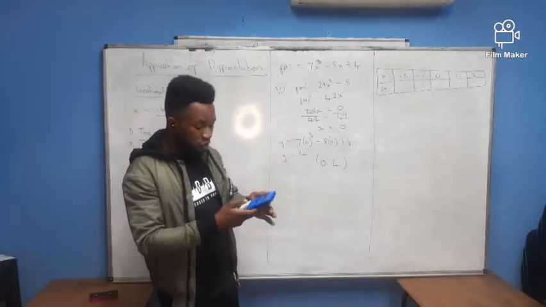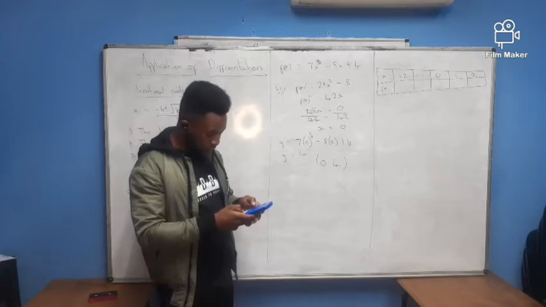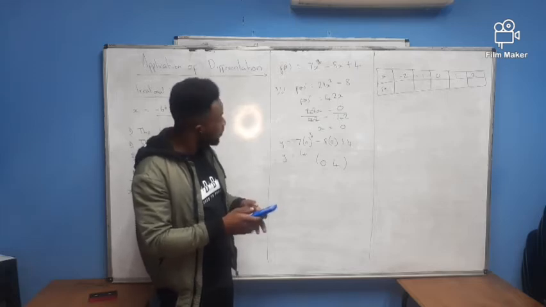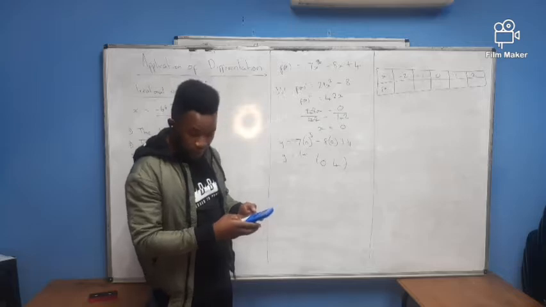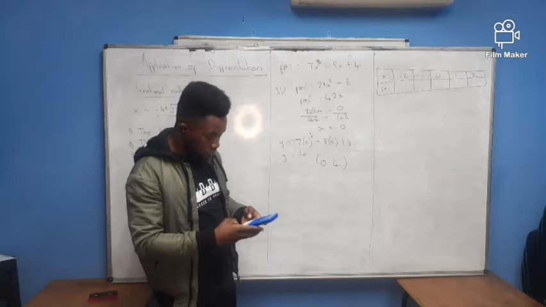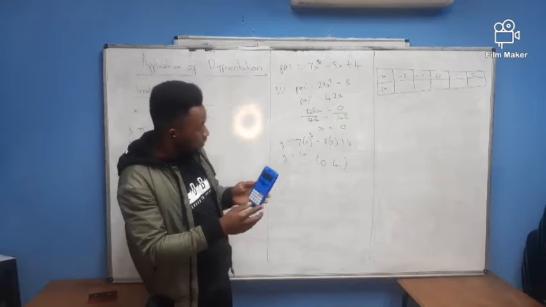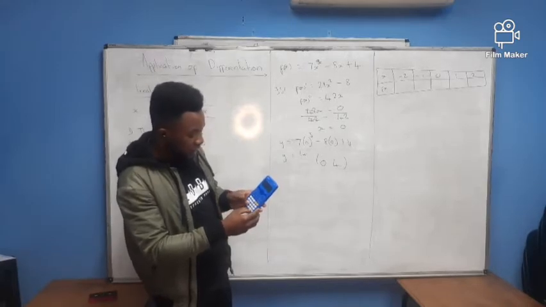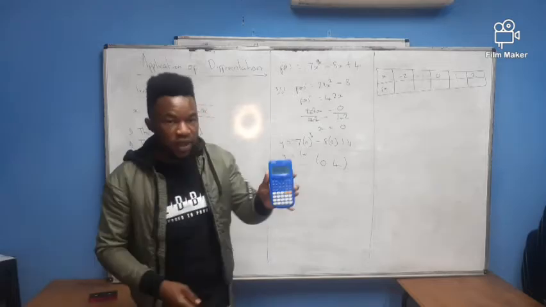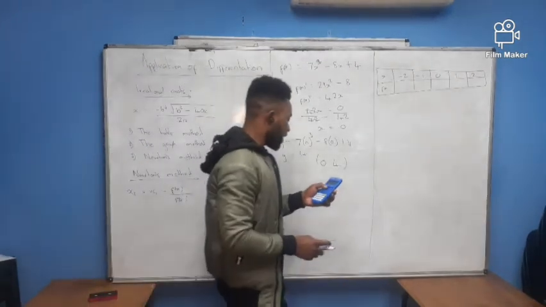When it says f(x), you punch in the whole equation, which is 7x cubed minus 8x plus 4. Then you press equals, and when it says start, you say it starts from -2, equals, and it ends at 2, and then the step. I'm going to use a step of 1, and press equals, and then your calculator is going to give you the value of x and also the value of f(x).